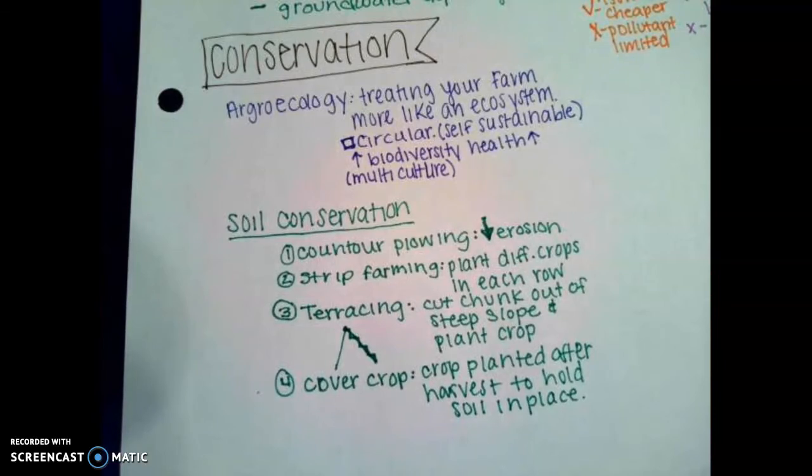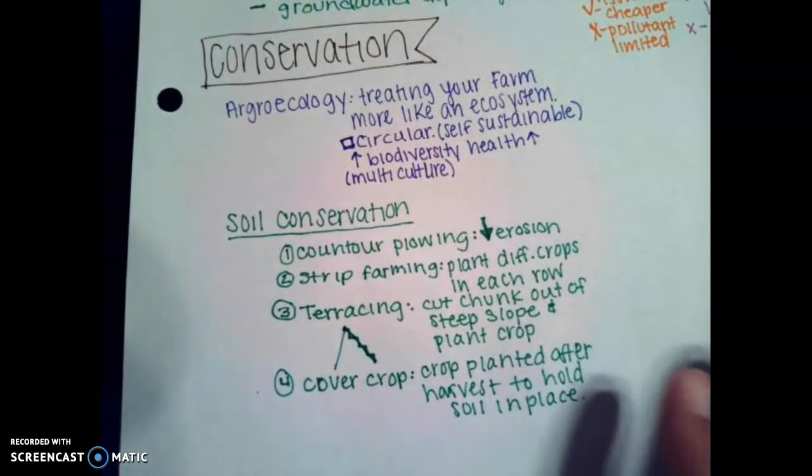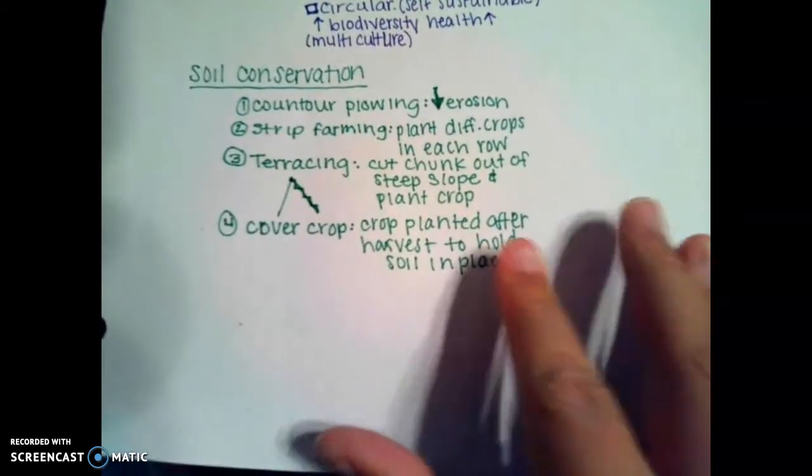Sometimes the cover crop can be harvested for profit, but a lot of the times it's things like rye, alfalfa, and clover, and those can't really be harvested that much. If you do, you're not going to make that much of a profit off of it.